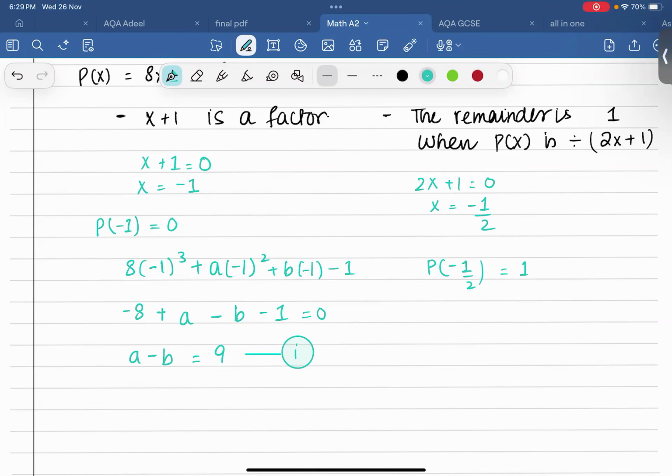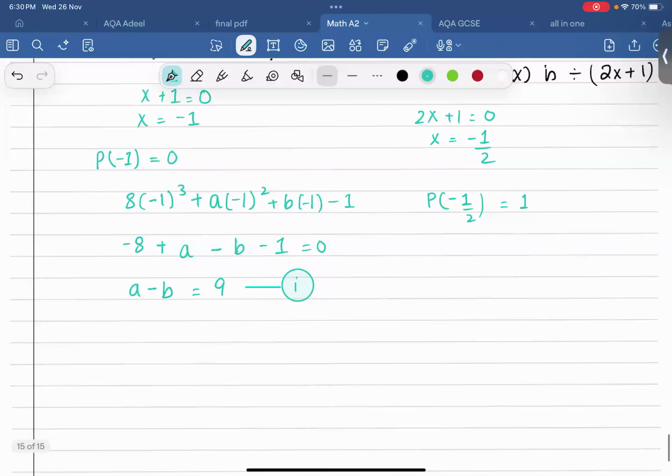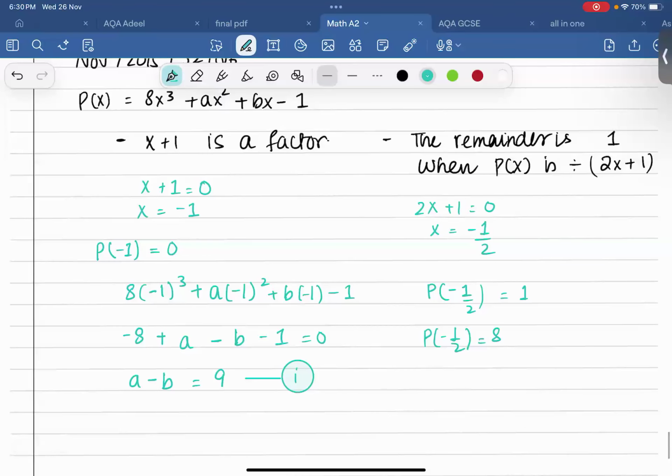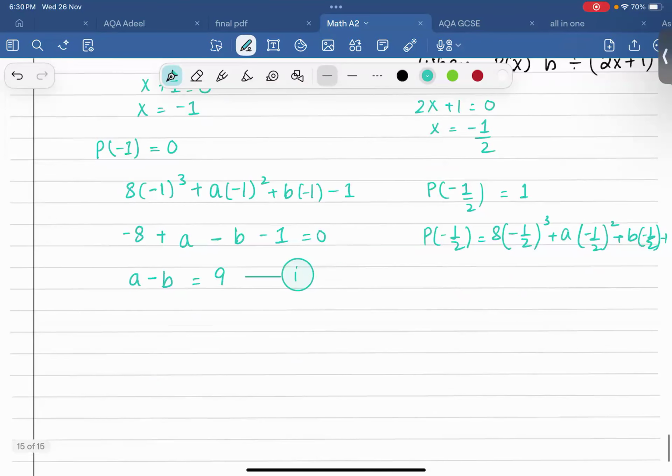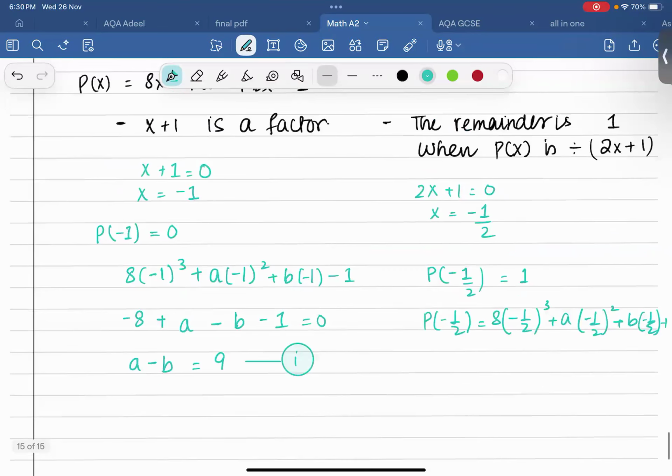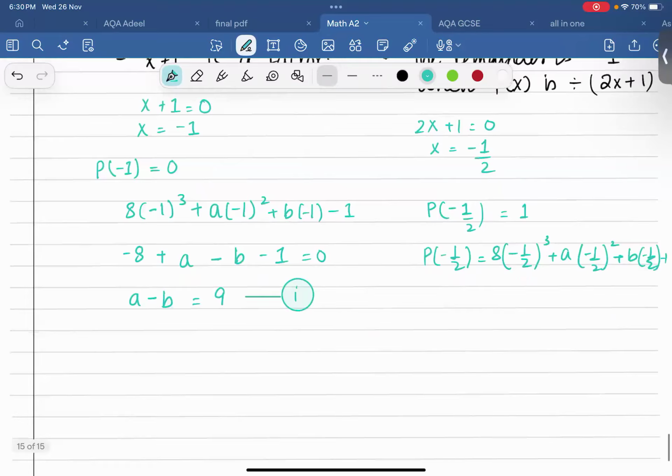So if we solve using that, we will have p of -1 over 2 equals 8 times (-1 over 2) cubed, plus a times (-1 over 2) squared, plus b times (-1 over 2), minus 1. Since it is the remainder theorem, all of that gives us 1, because we have to equate it with 1.